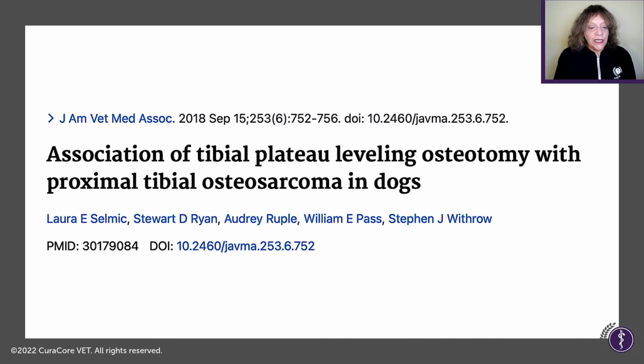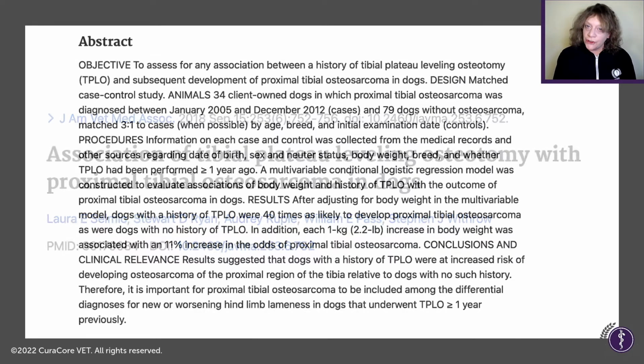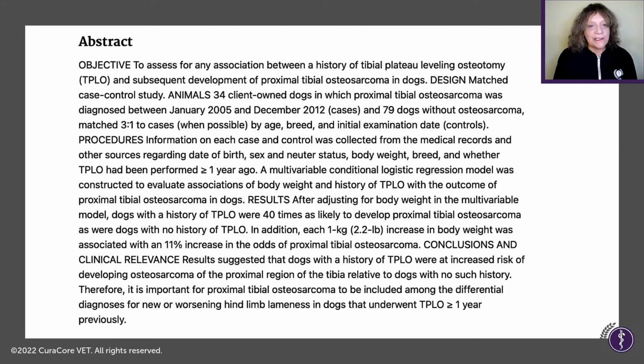all right, association of tibial plateau leveling osteotomy with proximal tibial osteosarcoma in dogs, a long-term outcome. I don't think the clients are that happy about that. All right, so they studied these animals and case controlled them and all that. But in the center there, results.